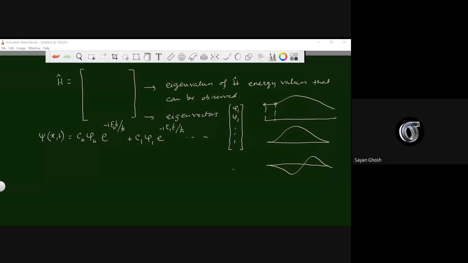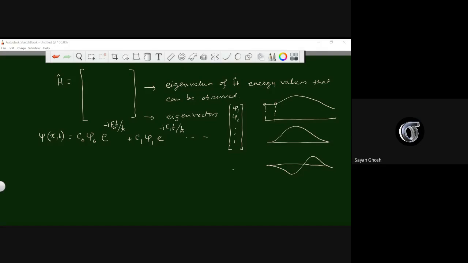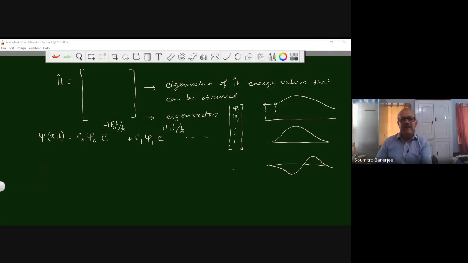Sir, when we solve the problems in actual position space, we see that energy has infinite number of eigenvalues. But in this case, the Hamiltonian being a finite square matrix, there are only finitely many eigenvalues. So I'm asking which ones do I get from the matrix? Yes, you will get the first few.